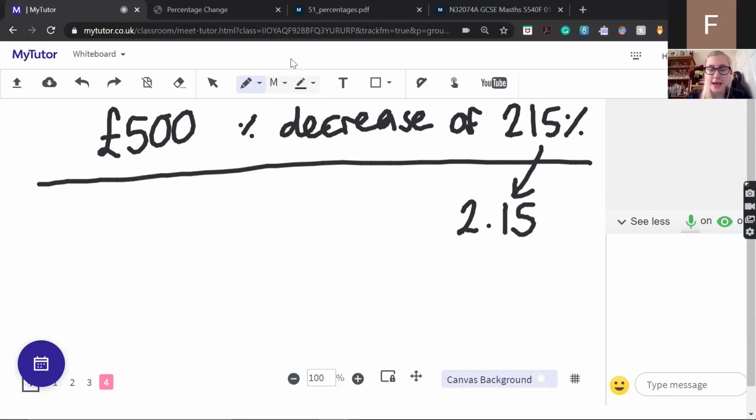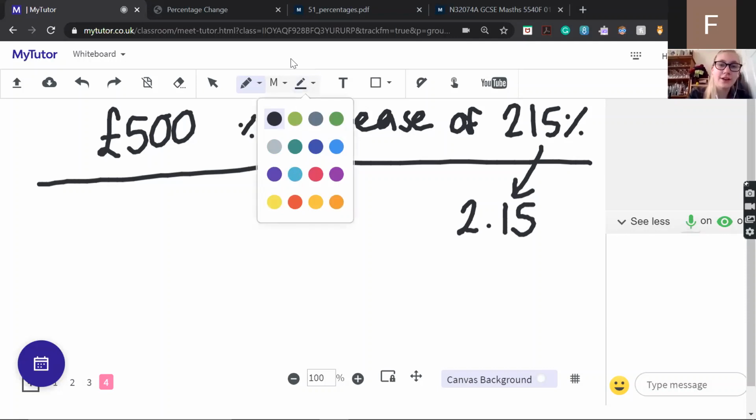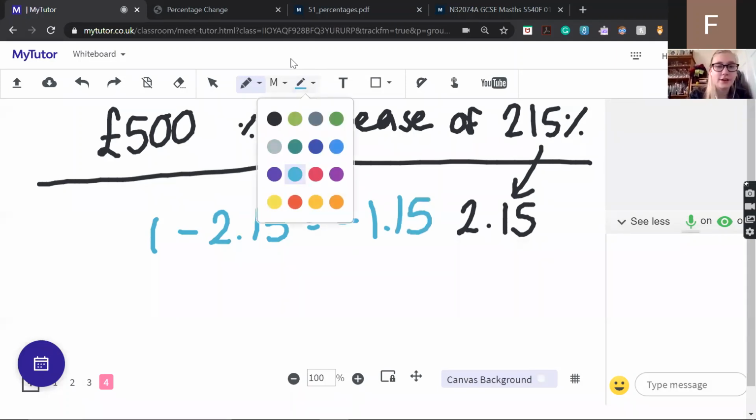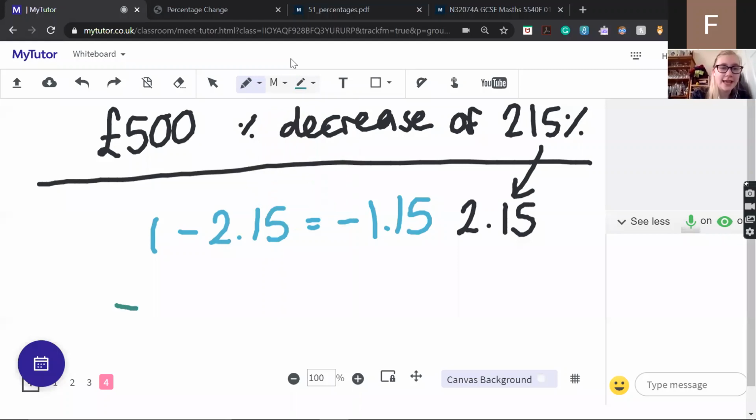We're scaling it to that. Now, because it's a decrease, remember, we take it away from 1. So this is where it gets a little bit strange. So we're doing 1 minus 2.15 to get our multiplier for this question. So that's going to give us minus 1.15. So now to work out the question, we're going to take our multiplier and times it by our amount of money.